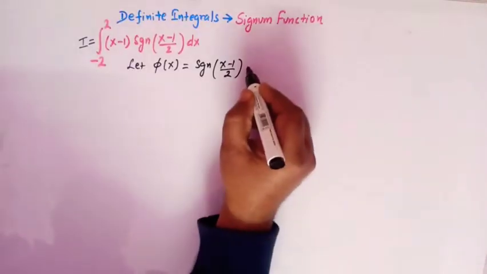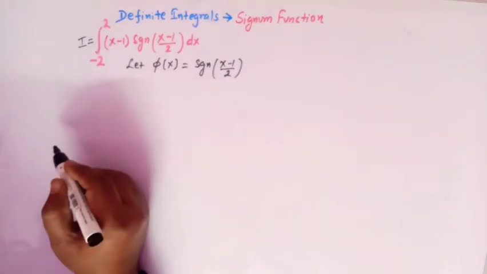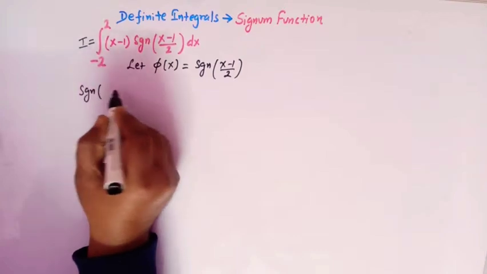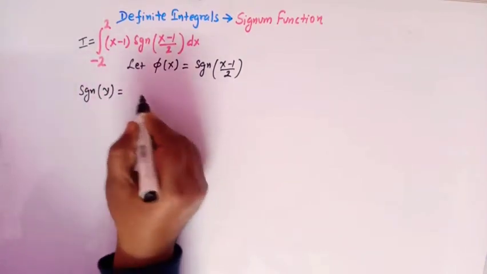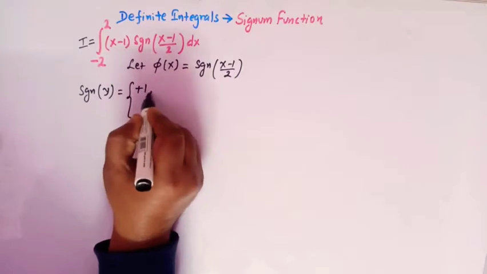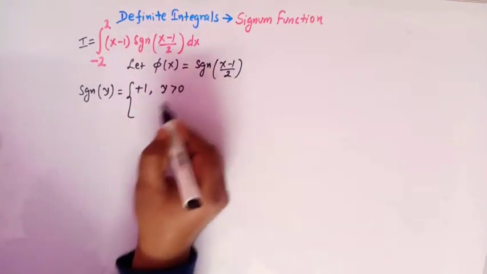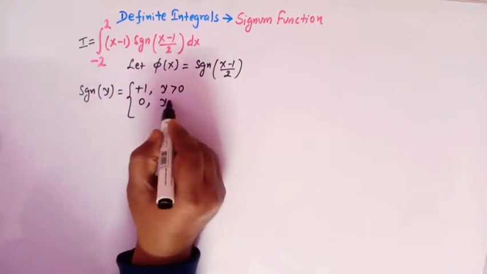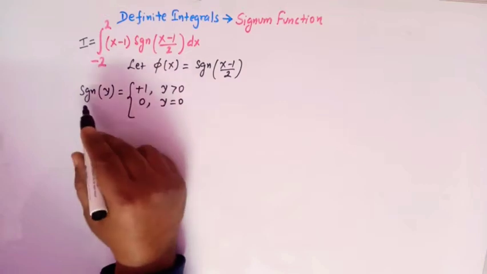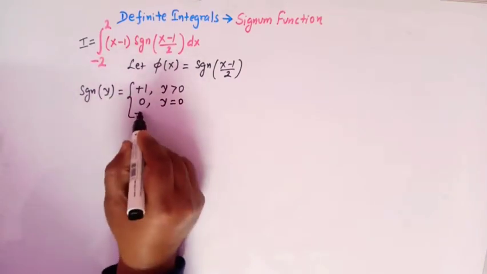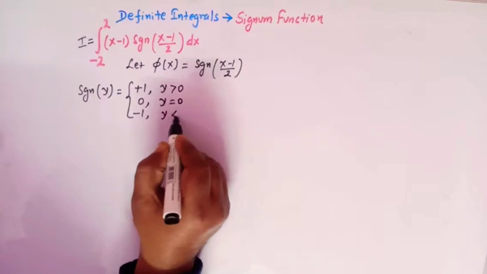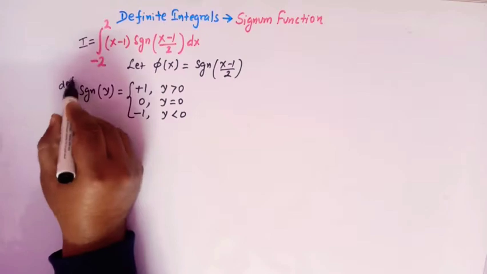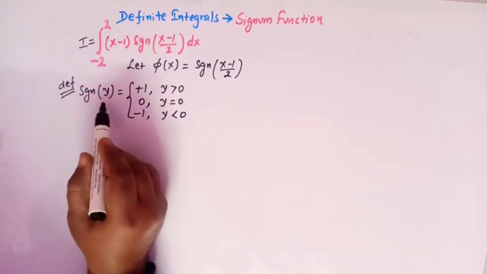From the definition of a signum function, we know that signum of y is equal to plus 1 when y is greater than 0, signum of y is equal to 0 when y is equal to 0, and signum of y is equal to minus 1 when y is less than 0. This is the standard definition of the signum function.